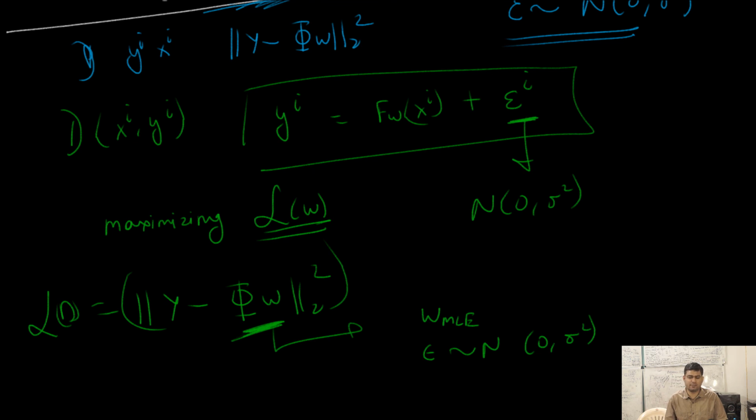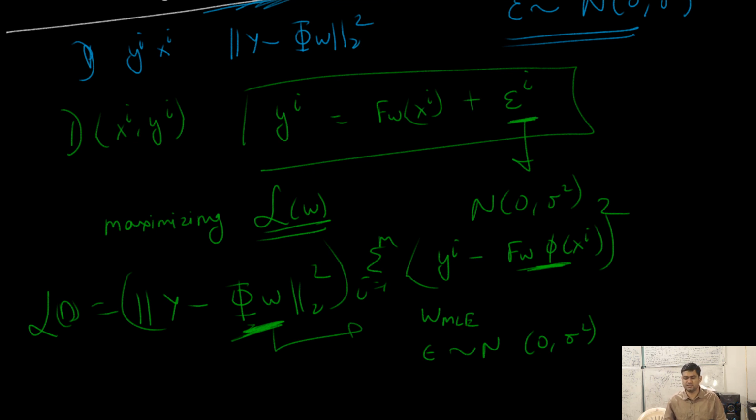Whether we use a linear mapping or not is irrelevant, because ultimately we'll get a solution like the sum over i equal to 1 to m of (yi minus fw of phi of xi) square. Even if we don't assume a linear model, we'll get the same thing. Instead of phi times w, we will plug in the functional mapping.